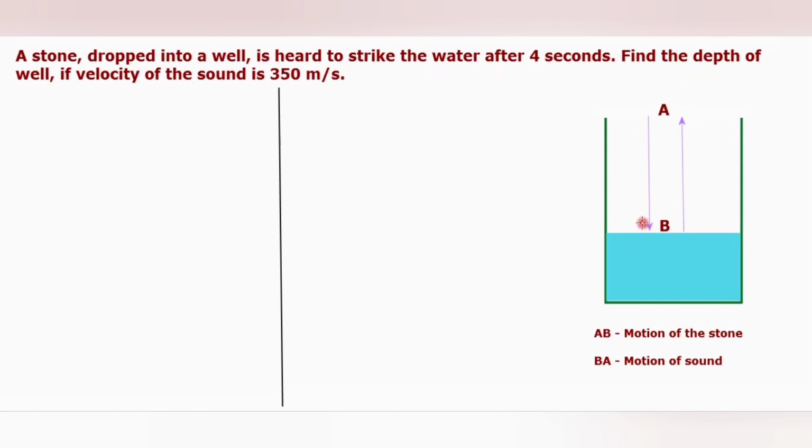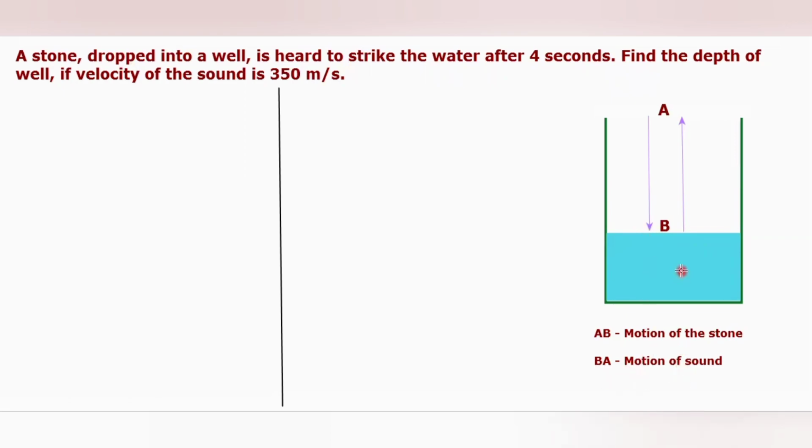We can consider this as two motions. AB, the downward motion, is the motion of the stone. It's a free fall from the point A, and it hits the water in the well at the point B, creating the sound.